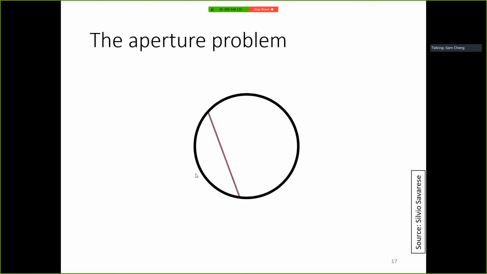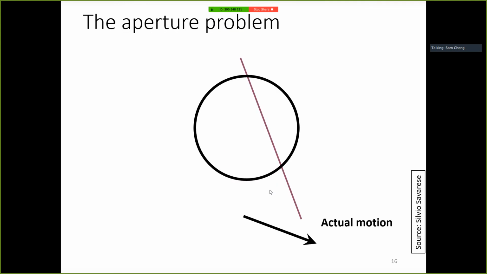I just look at a region here, and I want to see how this line moves. This problem is not well defined, because if I look at just this tiny region and my line moves from here to here, my motion can be either this way or this way. It's not a unique solution. Both of them give me a correct solution, right?